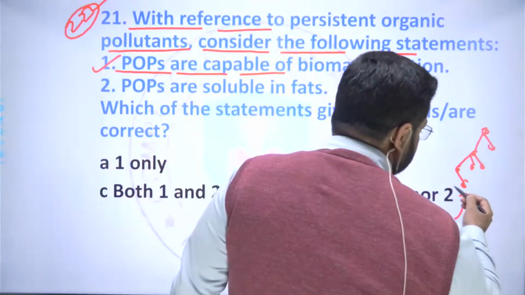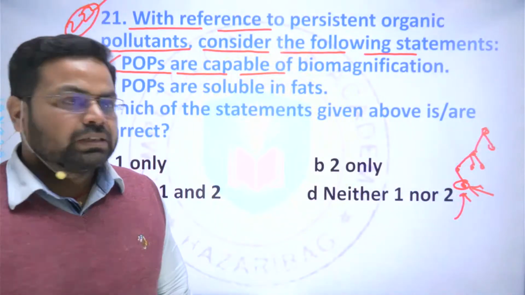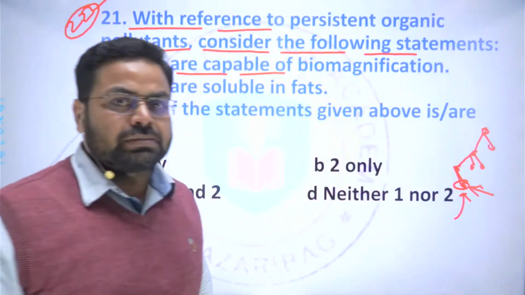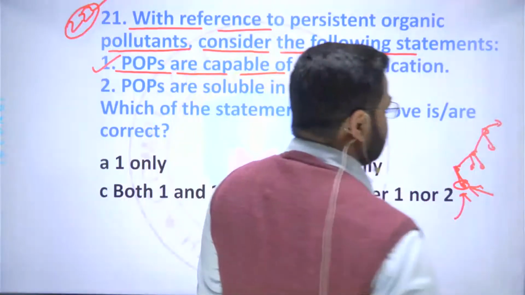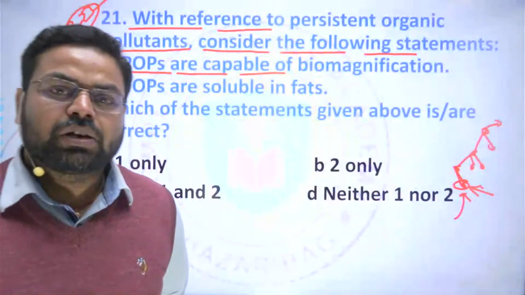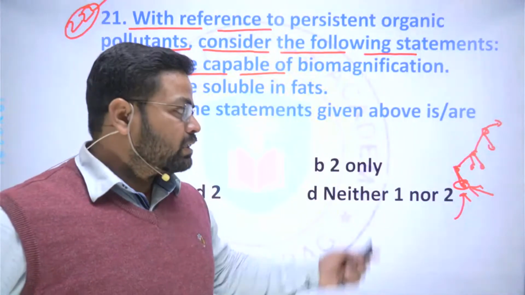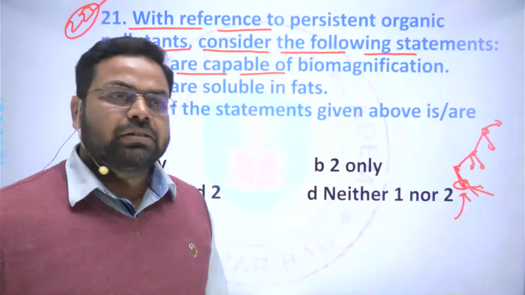If there is a POP that is ingested by this organism, thereafter this organism is ingested by this organism, and lastly, the highest order animal, the apex organism, eats the organisms below it. Then what happens?